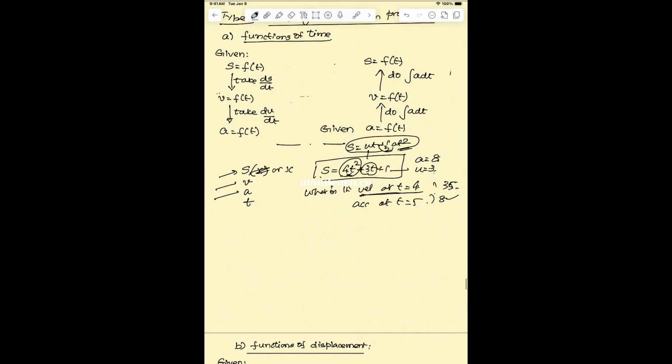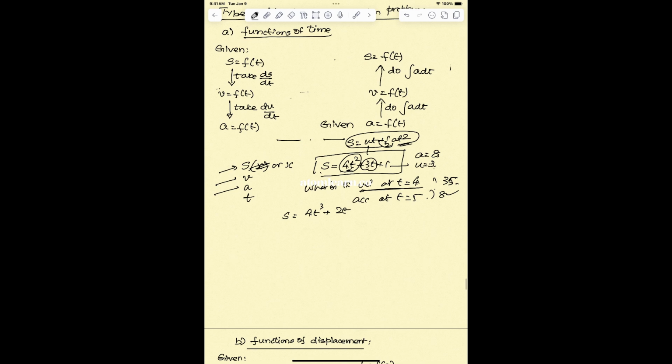Supposing it is given as 4t cube plus 2t. Now this is t cube. Anything more than quadratic in time has to be varying acceleration, because once you differentiate, it becomes velocity. Then just follow this method that I now tell you. If a function of time is given, differentiate it with reference to time, you get velocity.